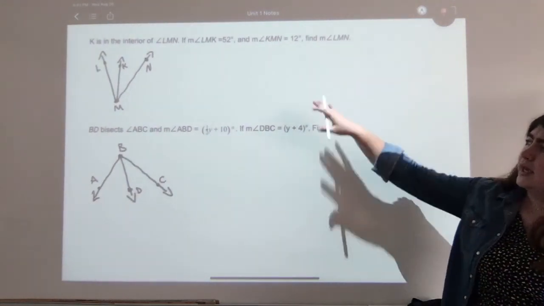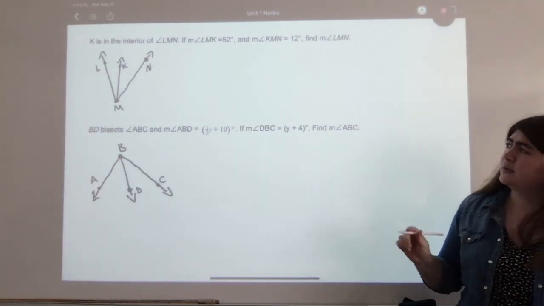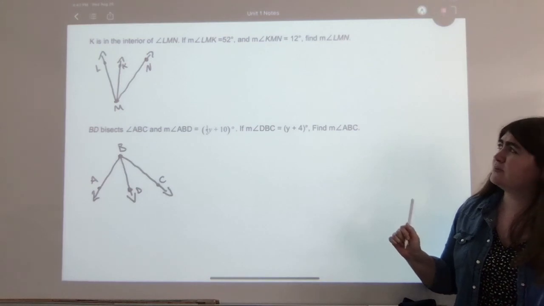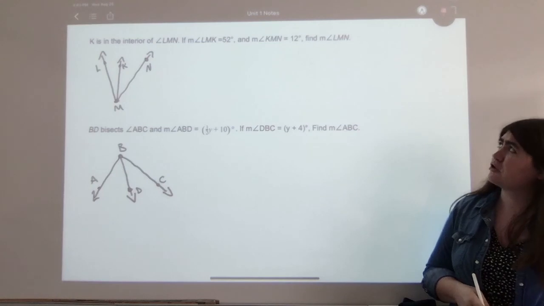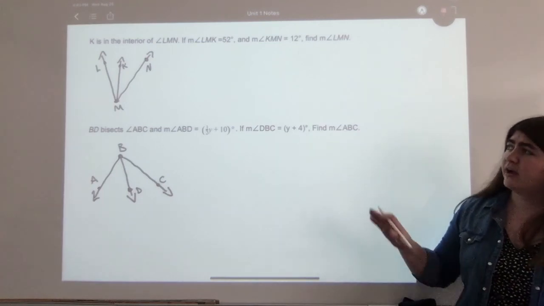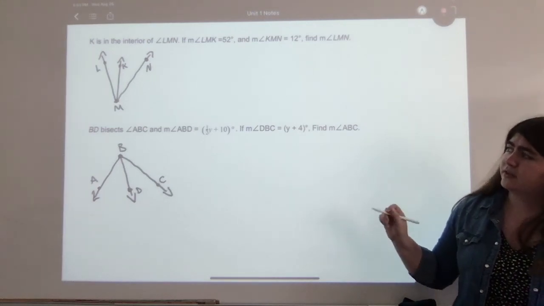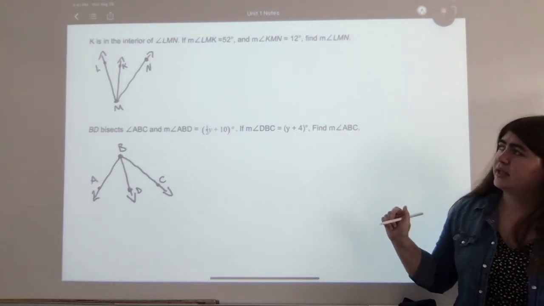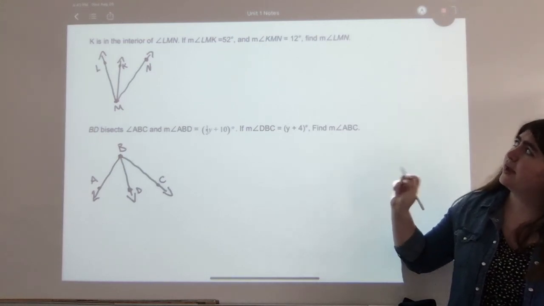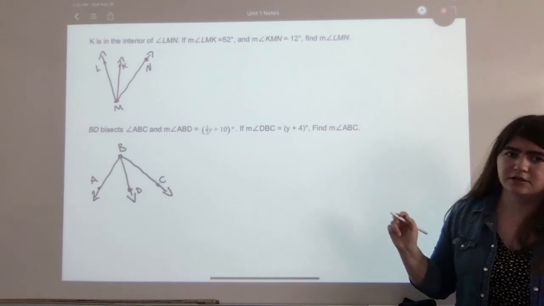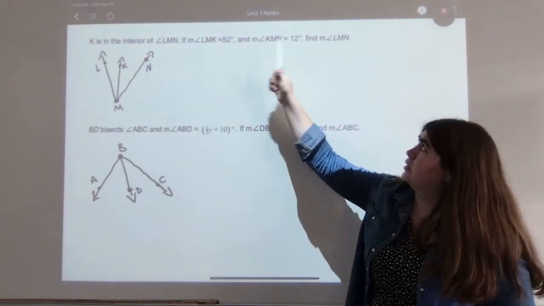All right, K is in the interior of angle LMN. If the measure of angle LMK is equal to 52 degrees and the measure of angle KMN is equal to 12 degrees, find the measure of angle LMN. All right, so I've already drawn a picture again. I have angle LMN with some K in the middle, and I don't know what LMN, the whole angle, equals, but I do know that the interior angles measure 52 and 12 degrees.